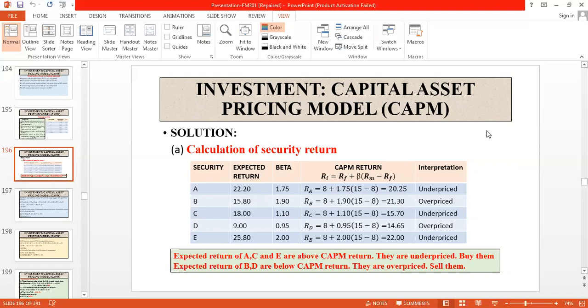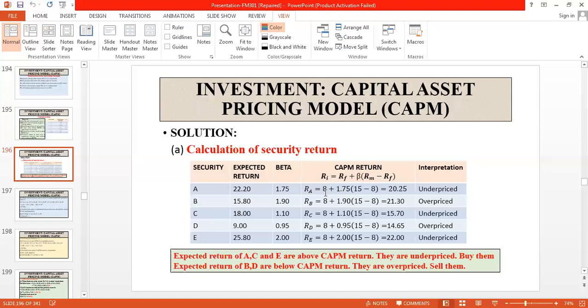Note that here we know the RF value, which is 8, for security A. RF is the risk-free return for any security. This risk-free rate considered here is 8%. Beta of security A is 1.75. Return of the market index, Sensex, is 15 as stated, and the RF value again is 8%.